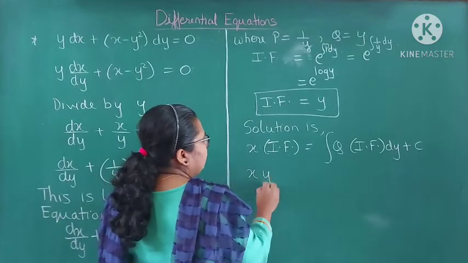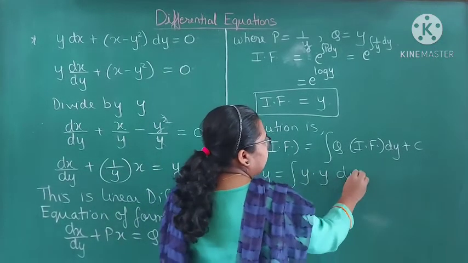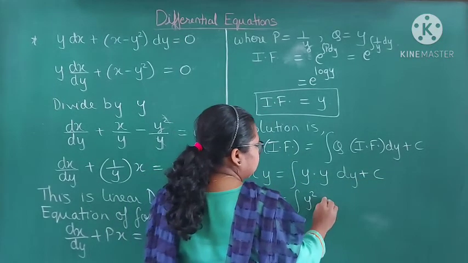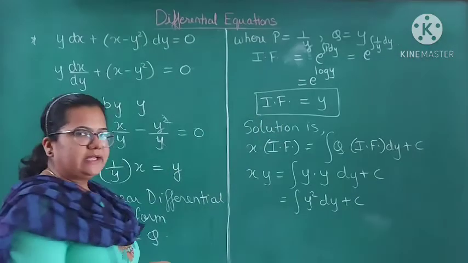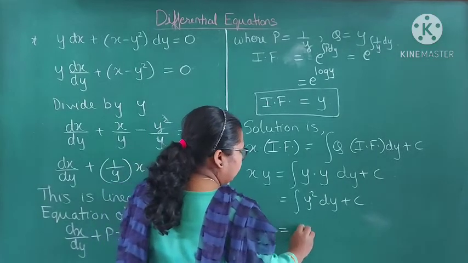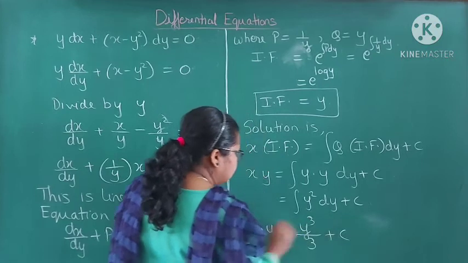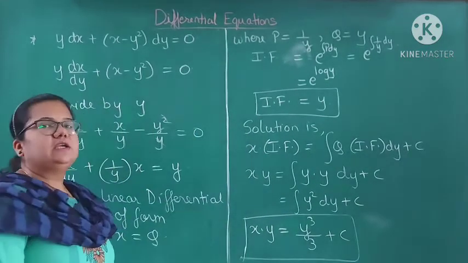So x into y is equal to, q is also y, so y into y dy plus c. So this is integration of y square dy plus c. What is integration of y square? Y cube by 3. So x into y equal to y cube upon 3 plus c. So this is the solution of the given differential equation.